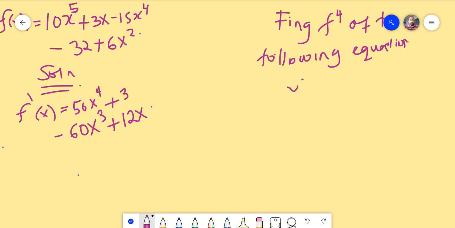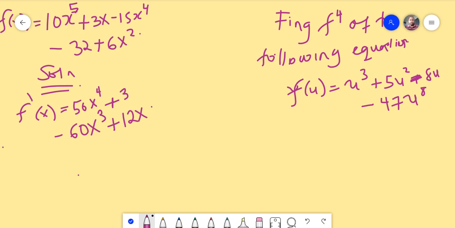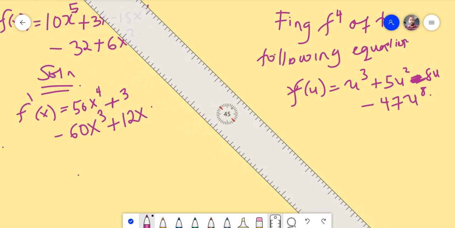So I'm going to have f of u equals u raised to power 3 plus 5u squared minus 8u minus 47u raised to power 8. So try to solve this one, and remember this is minus, and then we are going to solve it together. I'm going to give you 5 seconds for you to solve that one.